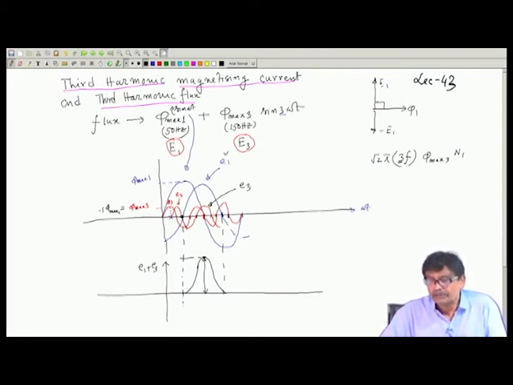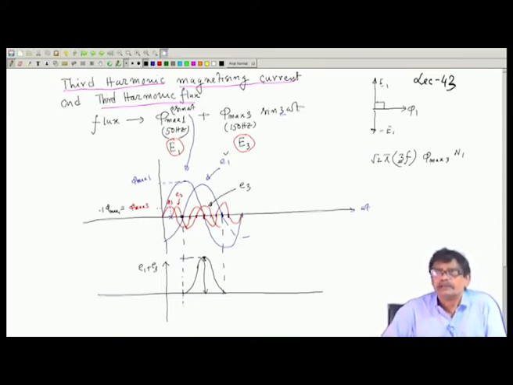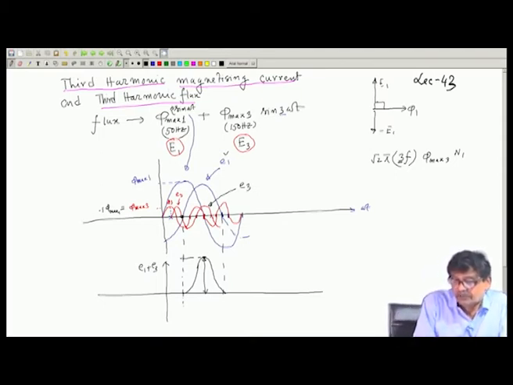Okay. That is why you try to reduce them as far as possible, or if it is not 10%, it is less, perhaps you can carry on with that. Okay, there will be a little bit of third harmonic voltage like that. So, assuming the third harmonic flux to be 10%, this will be the picture.